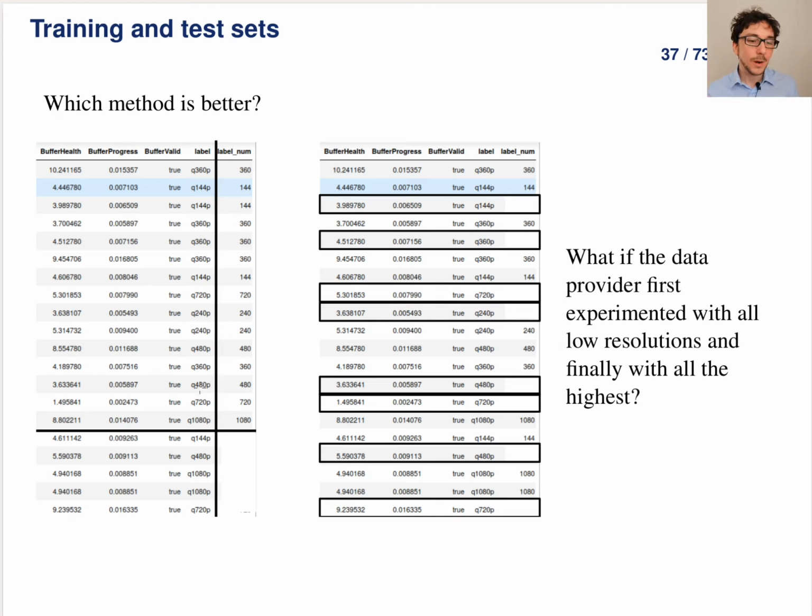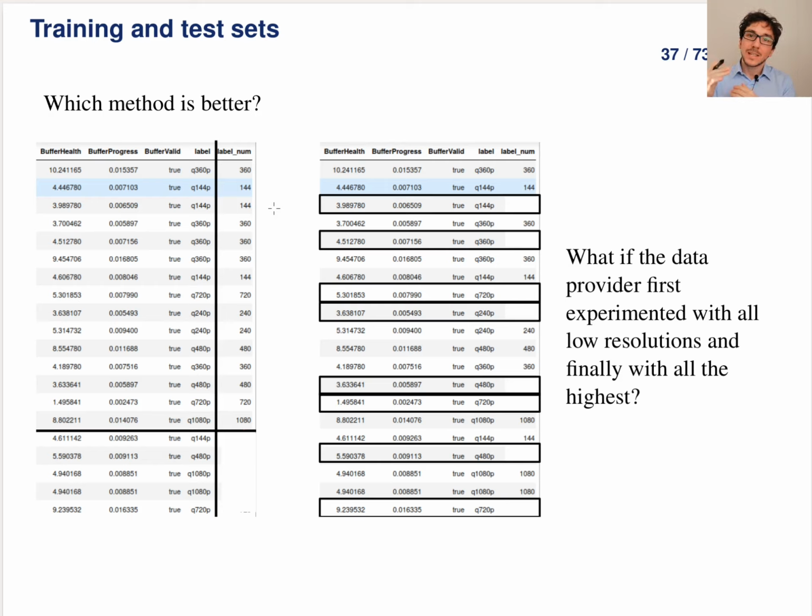What is the right way of dividing training and test set? Well, the first thing you could do is to divide it just in two parts. You take the first samples as the training set and the remaining ones as the test set. But this is dangerous because maybe the person who gave you the data set performed first all the experiments with low resolutions and then the experiments with high resolution.